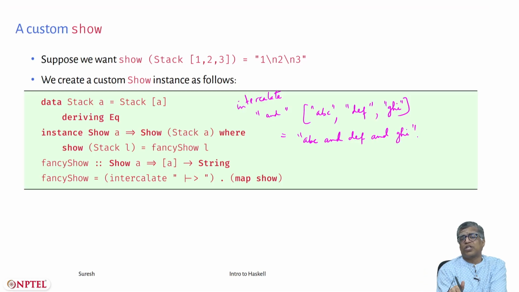So you had a list of strings and you intercalate one string inside them, which means you will get a longer list where this particular string is inserted in between any two elements of the original. Okay, so that's it about stacks.